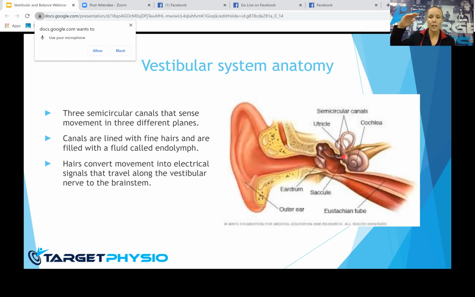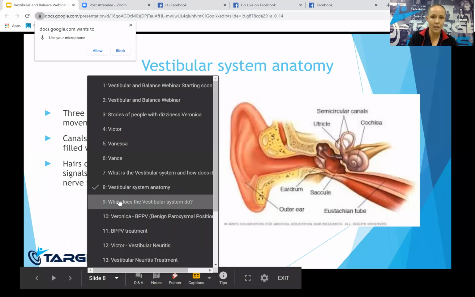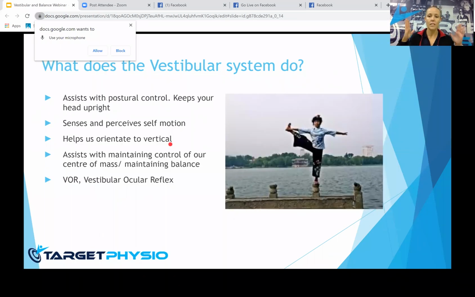So when we are standing upright, the pressure down onto that membrane tells us where we are in space, and also in gravity, whether we are upright or slightly tilted. So that helps us to orientate to vertical.